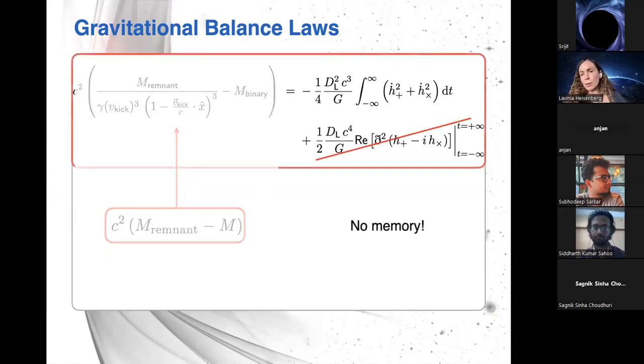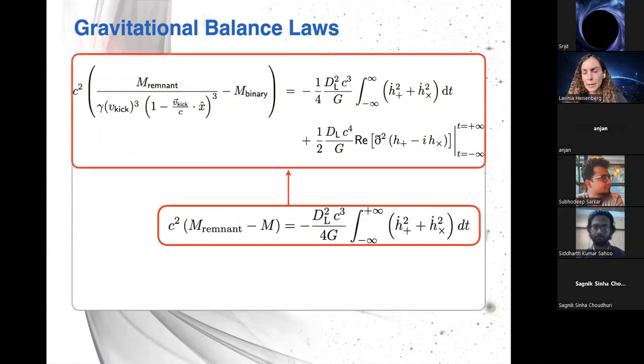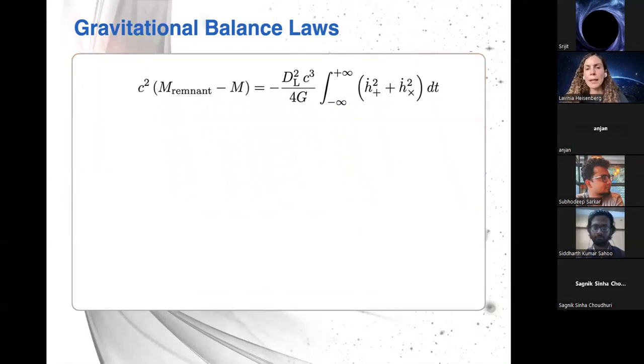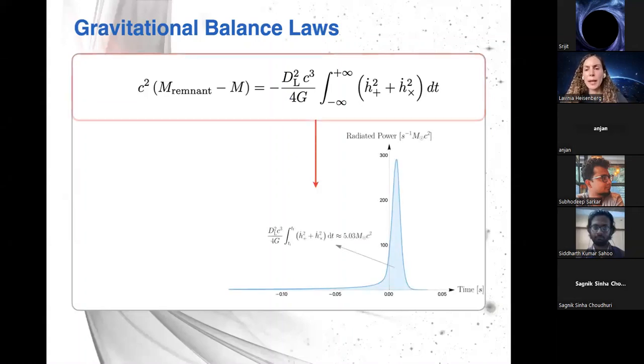On the right-hand side, they also didn't have any memory in this waveform model, so it's just given by this basically simplified version of the balance laws. Then we can plug in our very specific analytical strain. And here I am plotting the radiated power in order to compute basically the right-hand side. As you can see here, you get a specific value for this right-hand side.